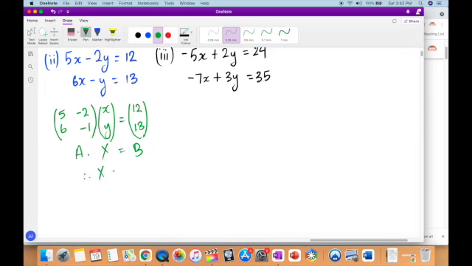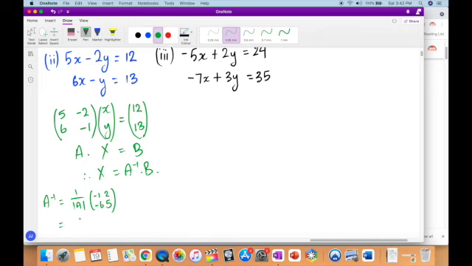Therefore, x is equal to A inverse times b. So to find A inverse now, A inverse is equal to 1 over the determinant of A times the adjoint: negative 1, 5, and then negative 6, positive 2.